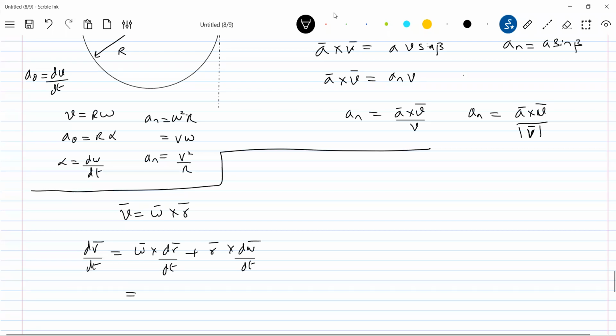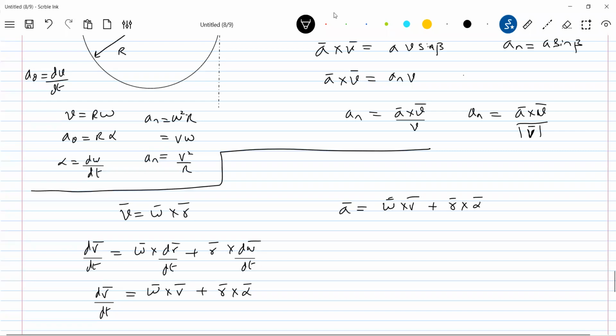Tell me what is dr by dt? You can write it v bar. And what is d omega by dt? Just now I wrote it alpha bar. What is dv bar by dt? Total acceleration vector. So omega cross v plus alpha bar cross r bar.